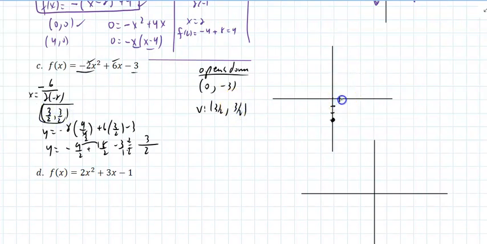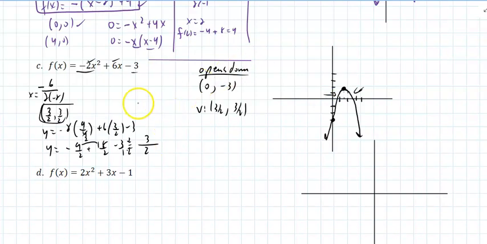So 1, 2, 3, 4, 1, 2, 3, 4, 1.5 and 1.5. And we know this opens down. I could sketch a graph with what I have. This graph is symmetric. Alright. I see there are two x-intercepts.